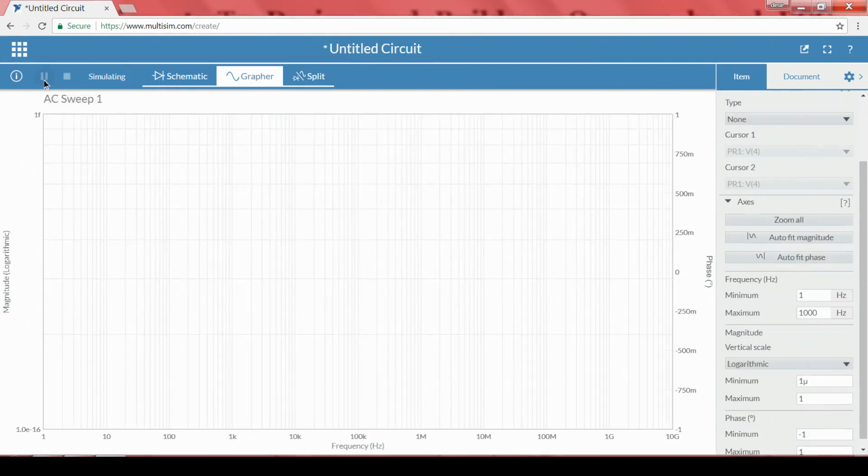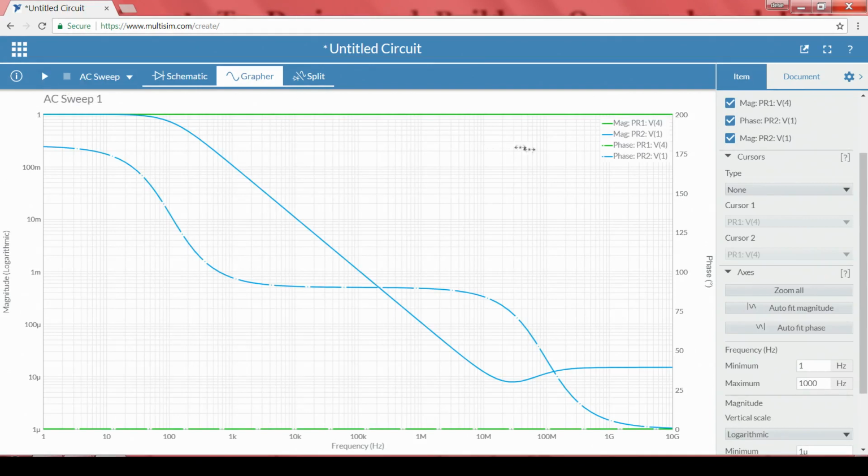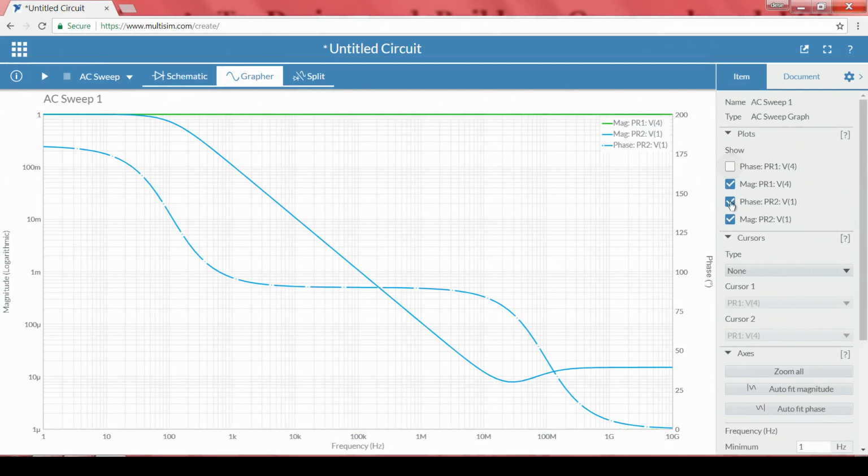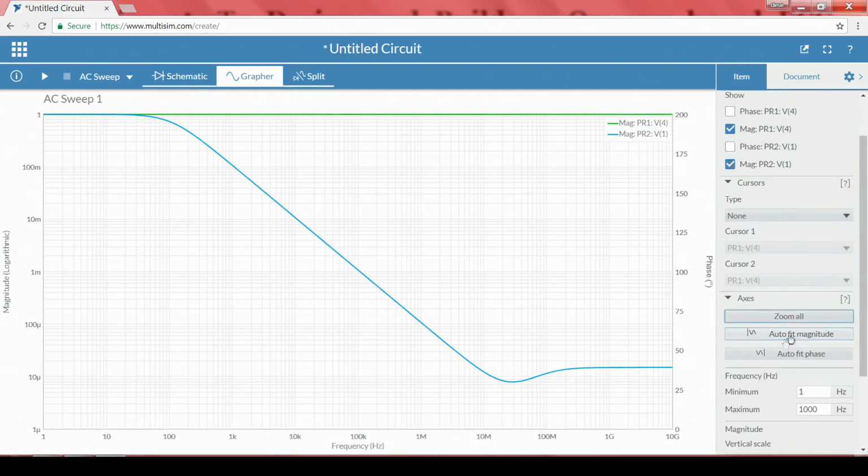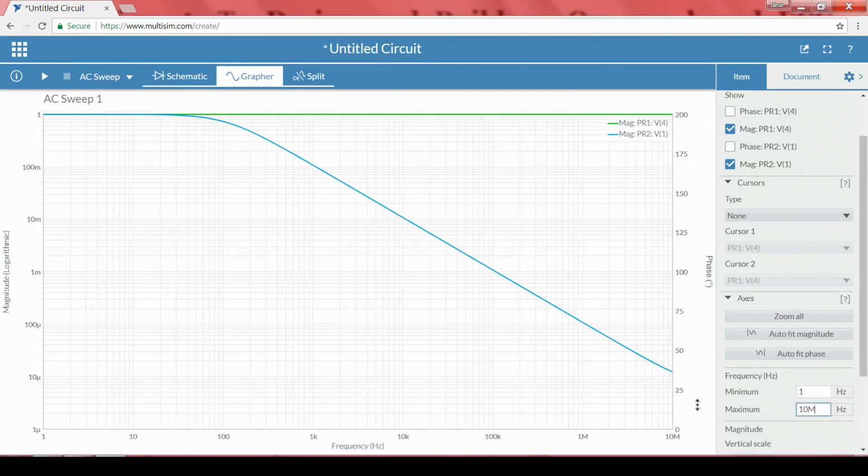Let me run the AC sweep once again. Phase I am removing it, then I will put 1 mega. So, now we can see the signal up to 1 mega, right.